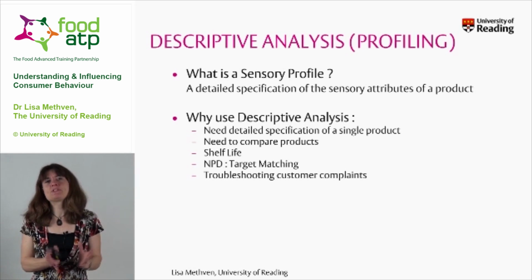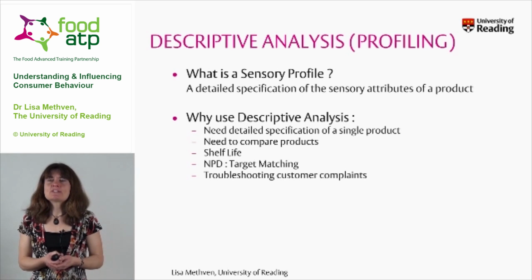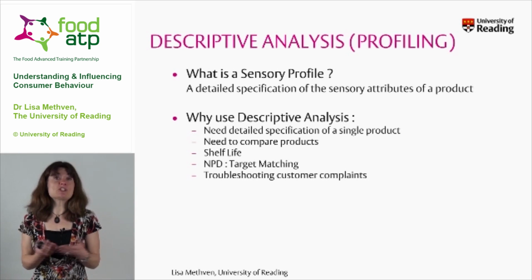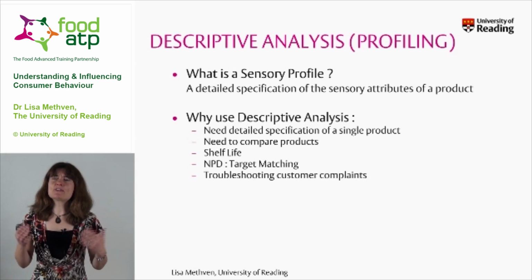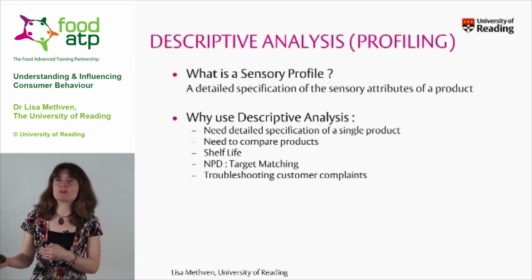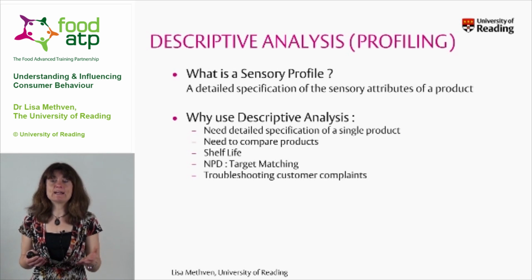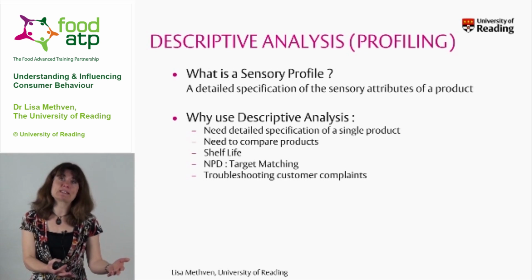When you want a descriptive profile of a food product, then you need to go to a very trained panel. So the reasons you might use descriptive analysis: it could be that you actually require a detailed sensory specification of your product. So for example, if you're a food manufacturer producing own label products maybe for a retailer, the retailer wants to know that your product week after week matches a specification.